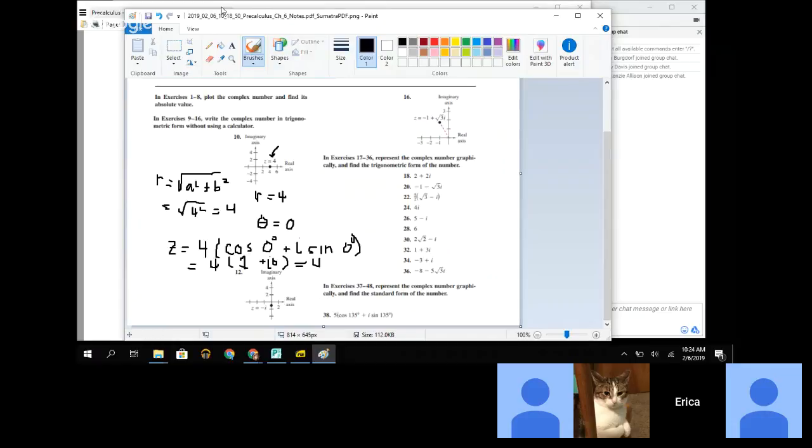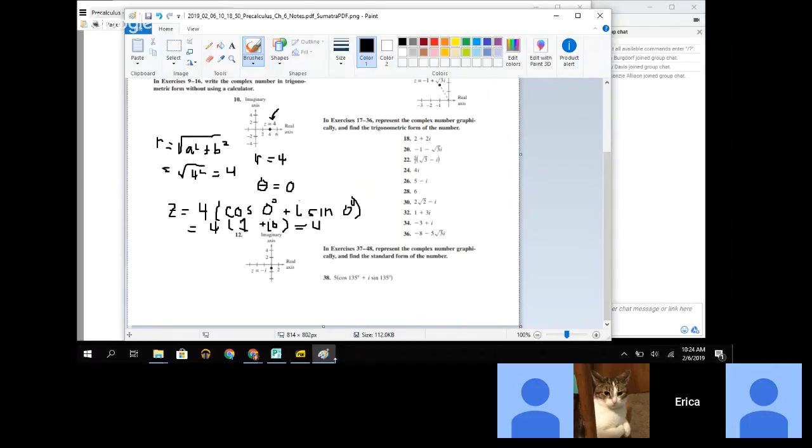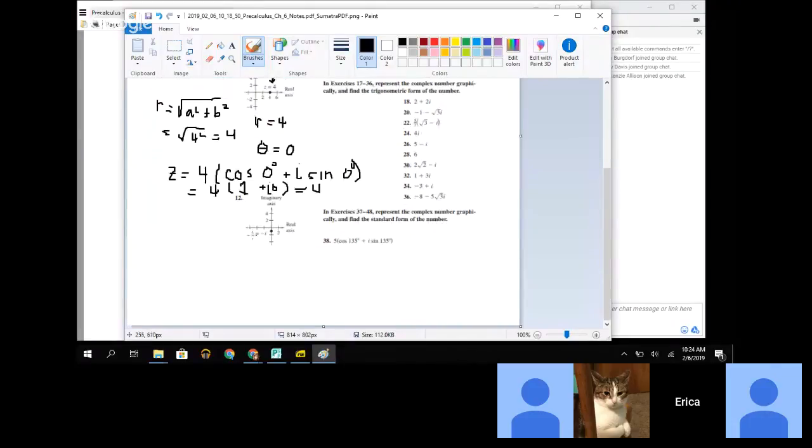So then let's look at number 12. Guys, all right so far? Number 12 is z equals negative i. What would my absolute value, or r value, be? It's the square root of 0 squared plus negative 1 squared, which equals 1.